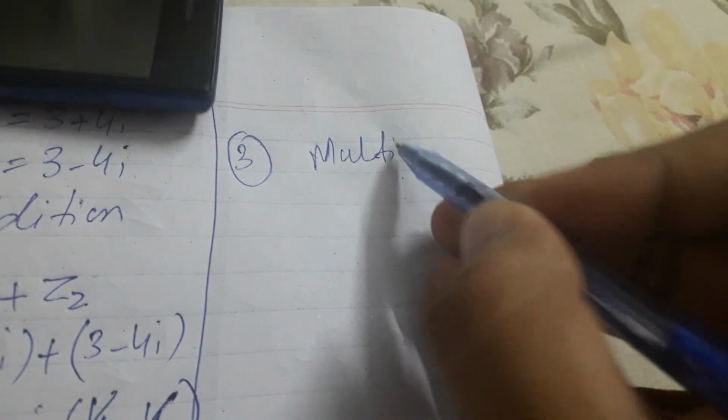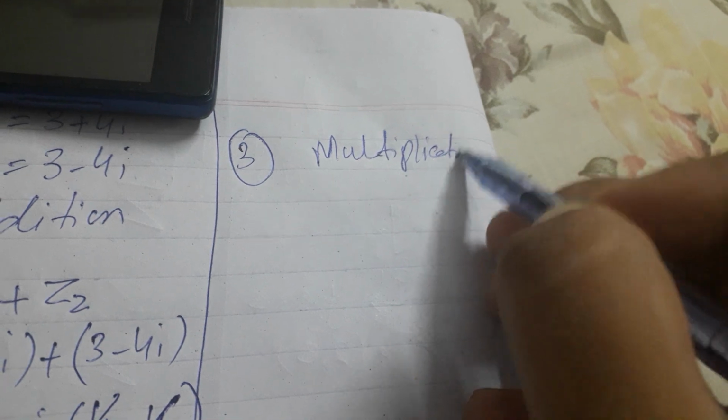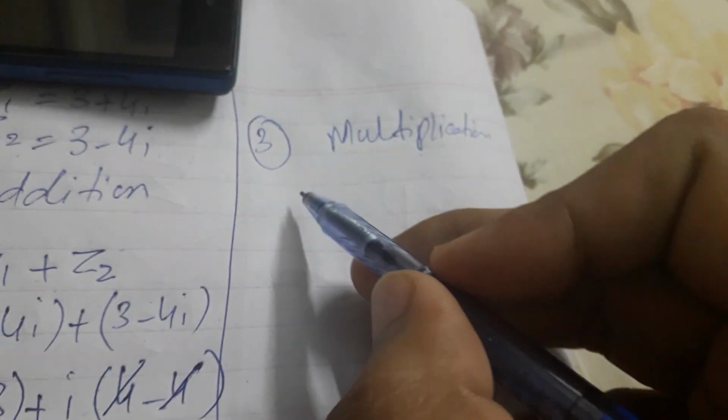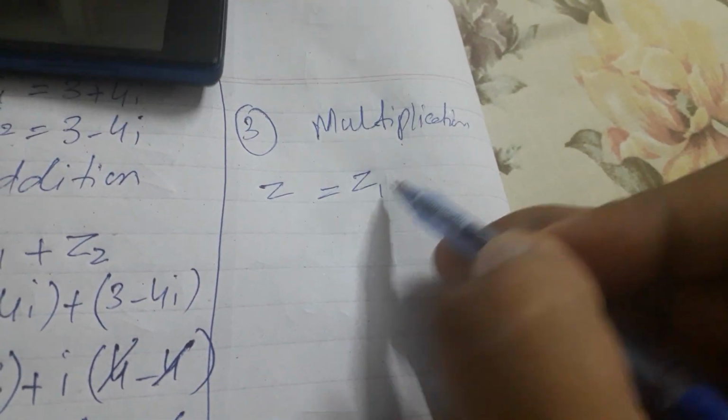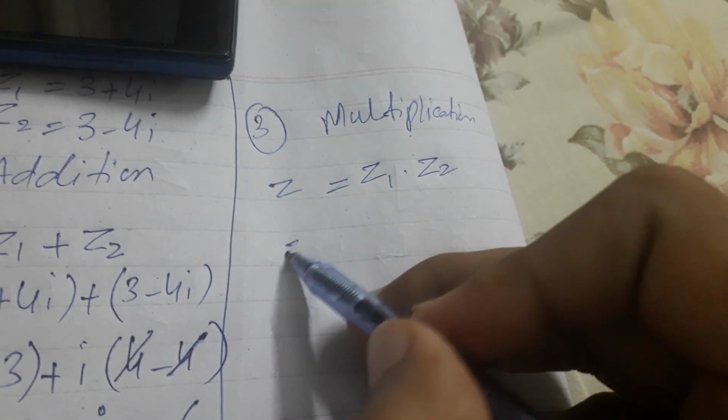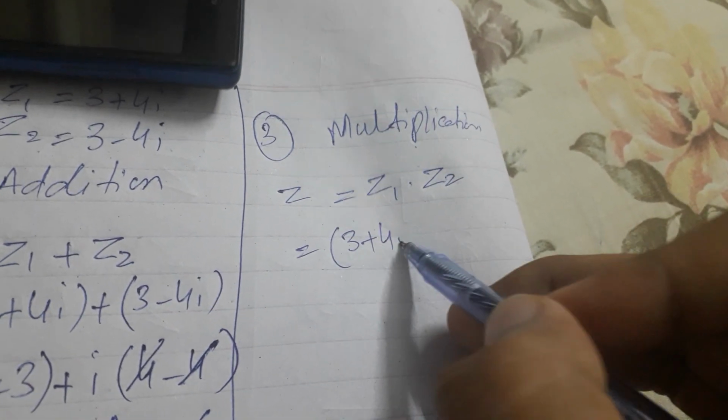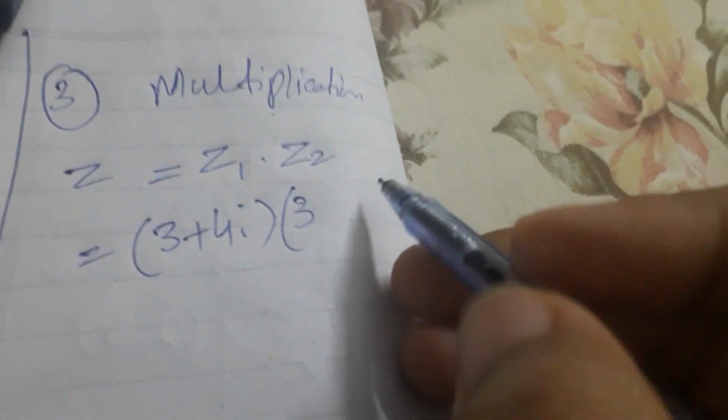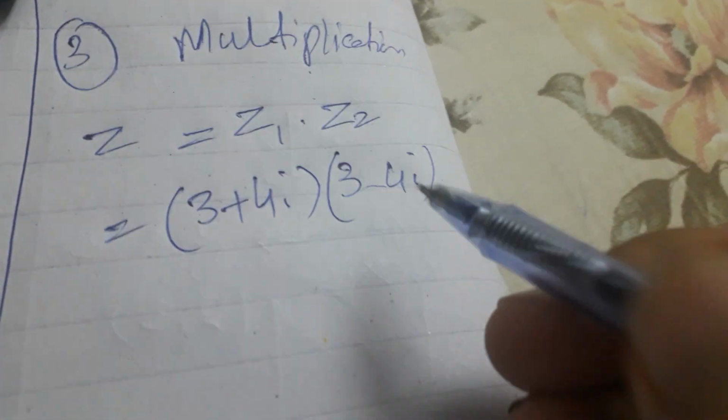Our third topic is multiplication. Now Z1 dot Z2. 3 plus 4 iota multiplied with 3 minus 4 iota.